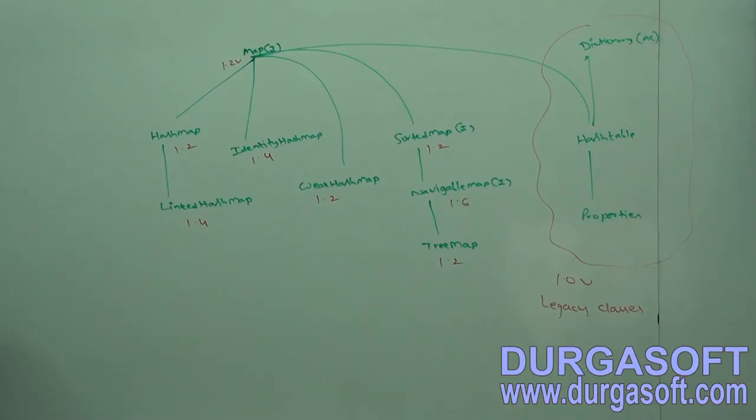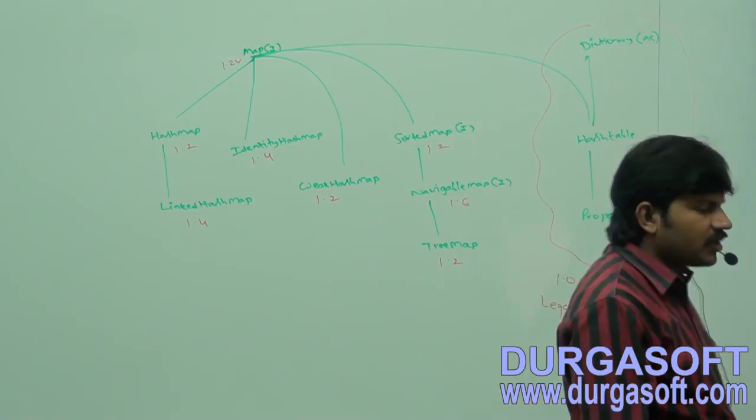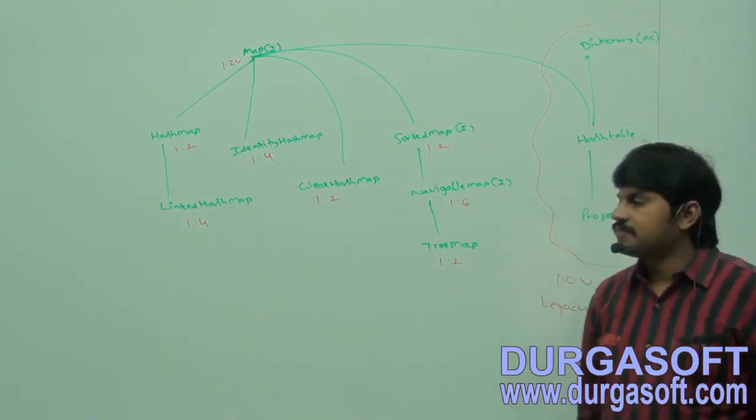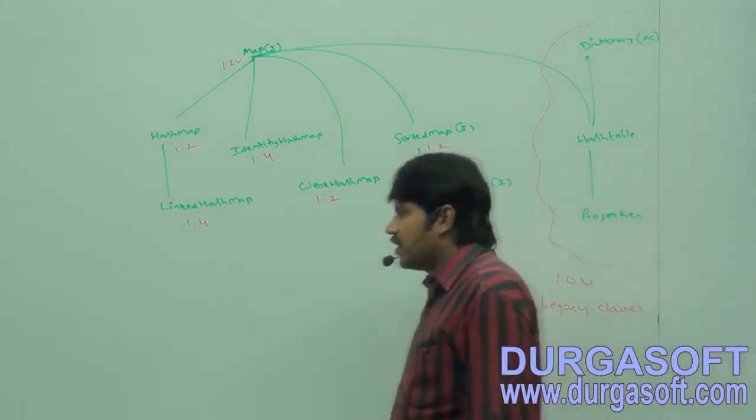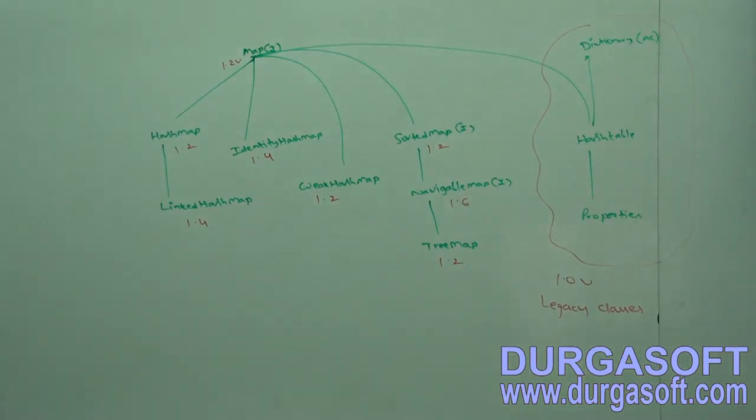Completed, right? Take this: this is the agenda we are going to discuss. Almost around 4 hours we are going to spend on this part; 4 to 5 hours will come into the picture. Anyway, Map, HashMap, LinkedHashMap, IdentityHashMap, WeakHashMap, SortedMap, NavigableMap, TreeMap.